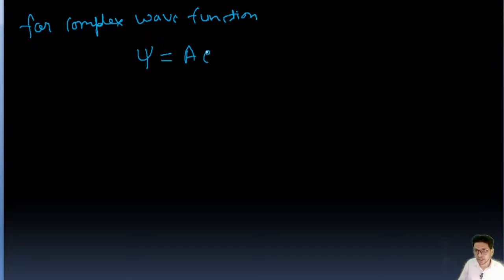Next, I'll write a very important note, which you need to memorize, because we are discussing step potential. For a complex wave function, psi is going to be A e to the power iota kx.